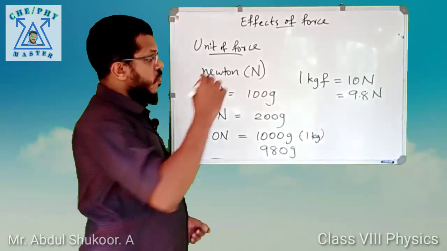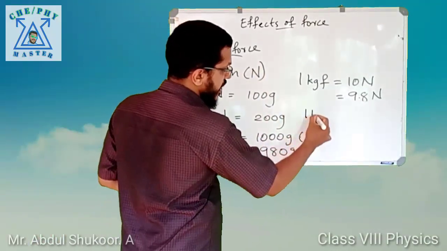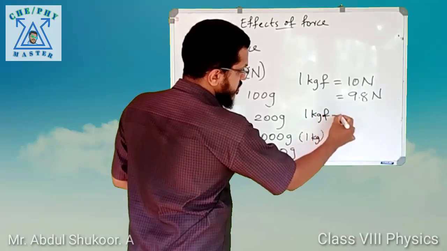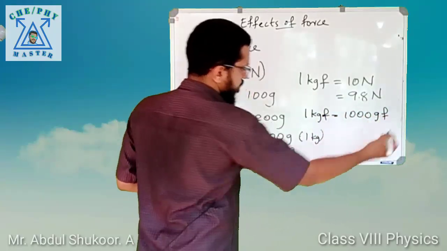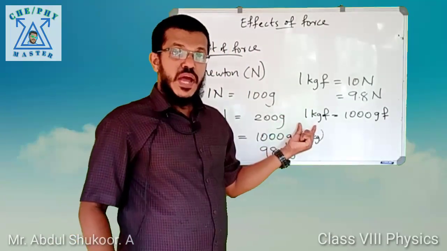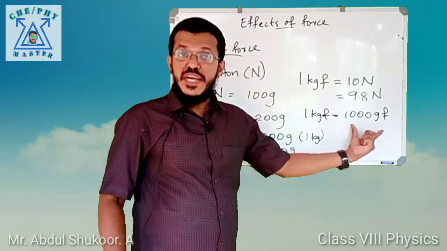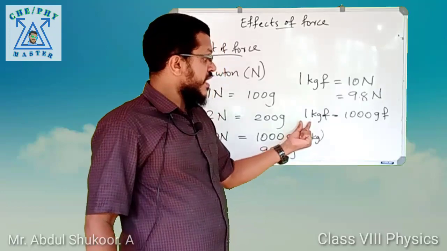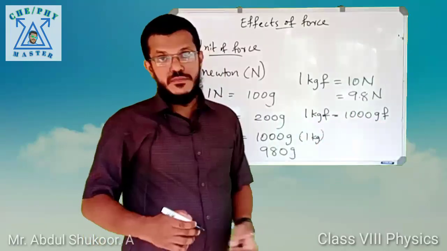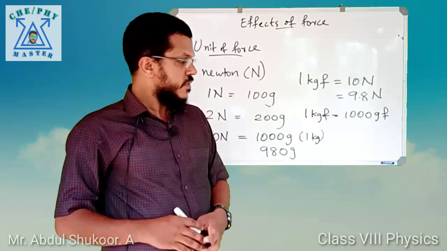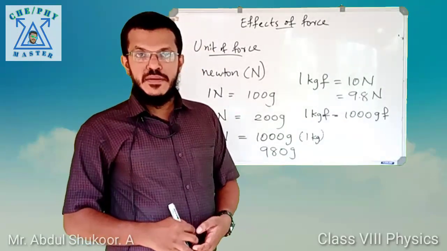That is 1 kgf, 1 kilogram force, equal to 1000 gram force. That means we know that 1 kilogram is equal to 1000 gram. Like that, 1 kgf is equal to 1000 gram force. Okay. Can you understand?